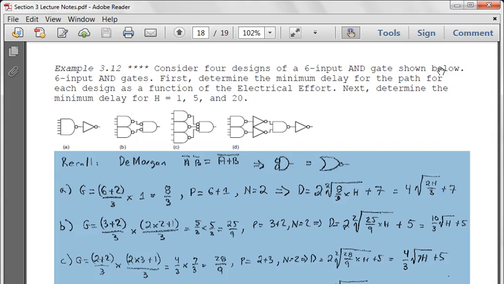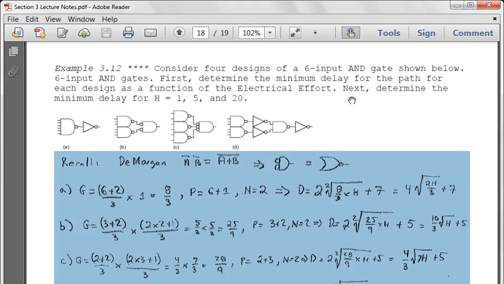For the first design, you recall your logical effort is (n+2)/3. Well, it's 6 inputs, so that becomes 8/3. Our parasitic delay, we know it's n plus 1, so it's 6 plus 1, which is 7. Number of stages is 2. So taking our equation, with N being the number of stages, N times the Nth root of (8/3 times H) plus 7, we get this equation.